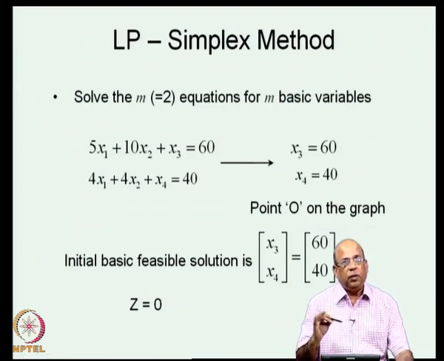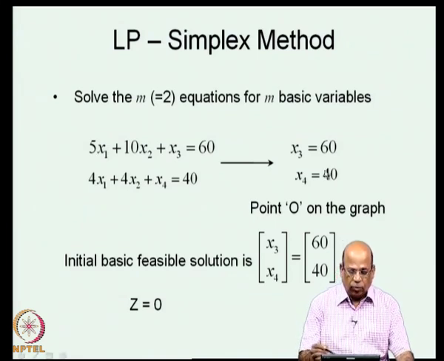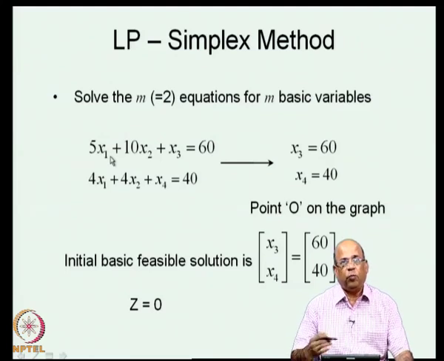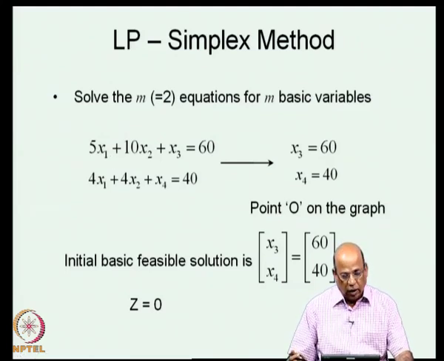So, there are two decisions that you need to make: which among these has to go out and which among x1 and x2 has to come in to form a new basis. Let us see how we do that.